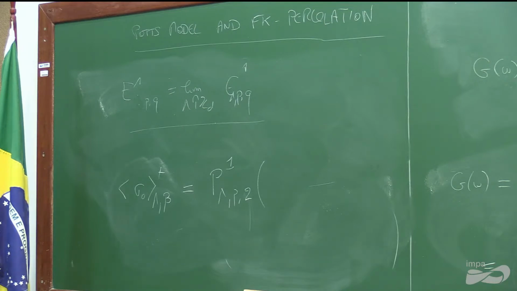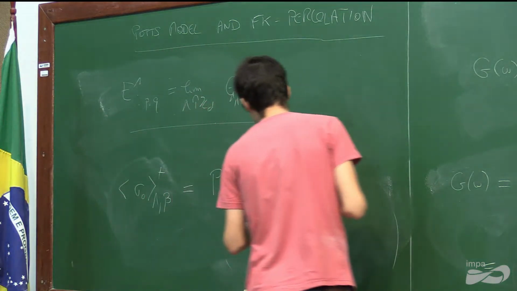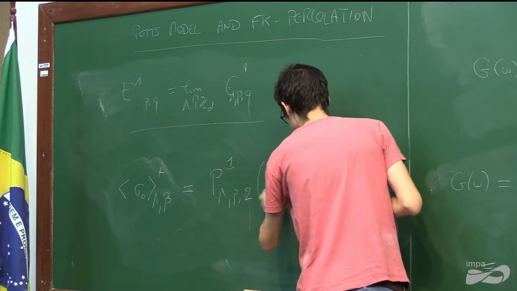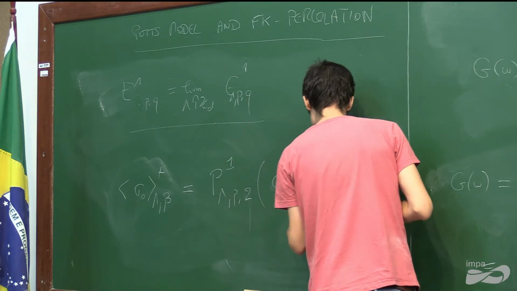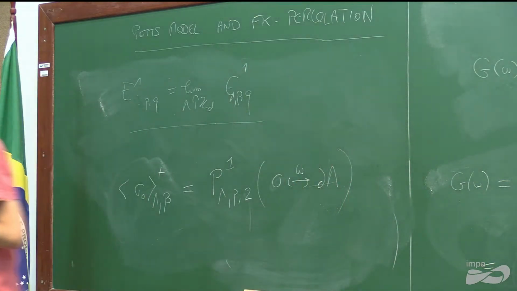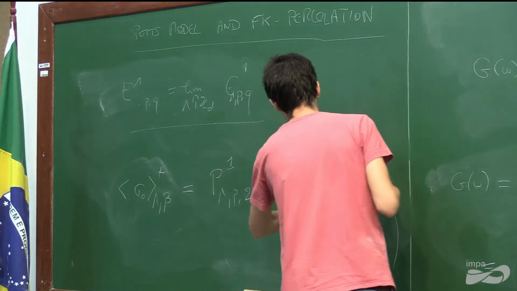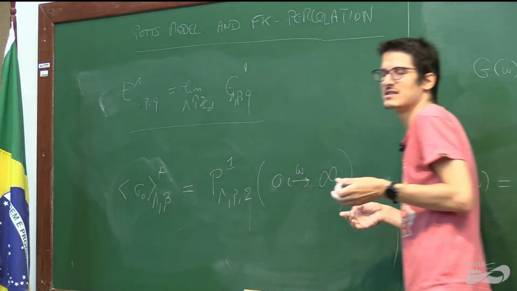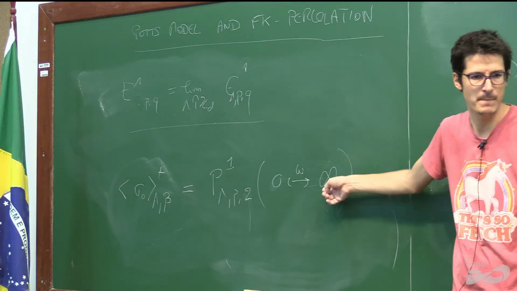If 0 is not connected to the boundary, basically you're sampling its spin at random, and therefore its average is 0. If 0 is connected to the boundary, then the spin is fixed to be plus. So this thing is exactly the probability that 0 is connected to the boundary of lambda for the percolation. And because all the edges outside the box are 1, you can say this is actually the probability that 0 is connected to infinity.